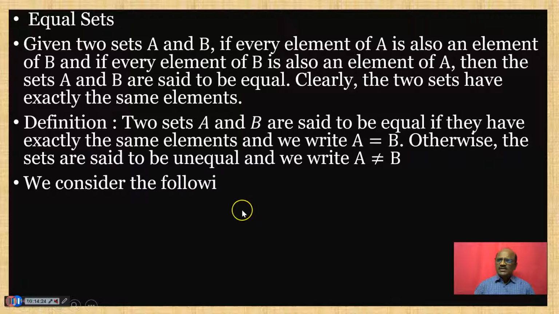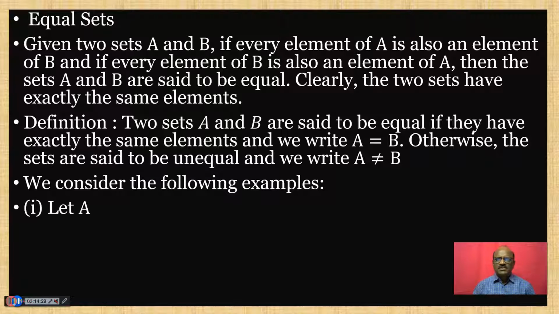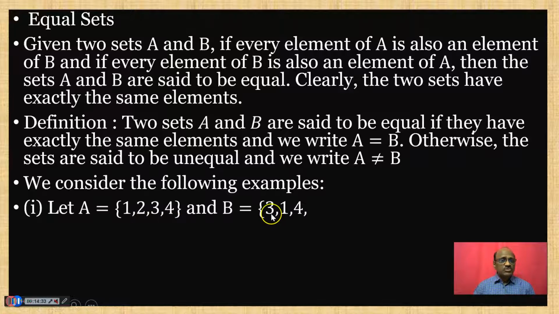We consider the following examples. First, let A equal {1, 2, 3, 4} and B equal {3, 1, 4, 2}. Then A equals B. These two sets are equal, though their order is not the same.